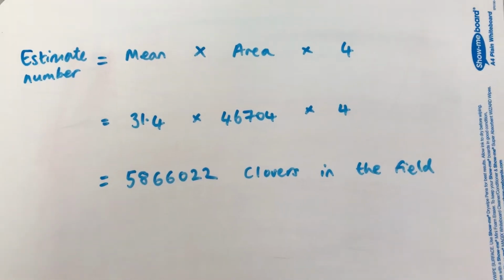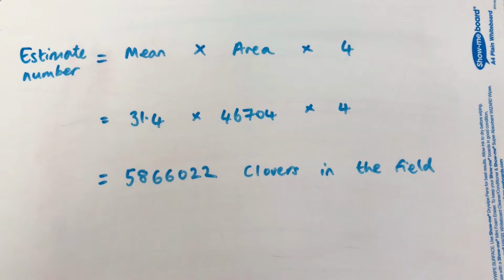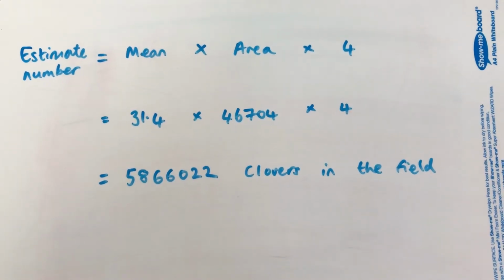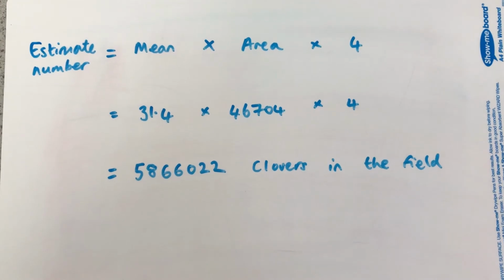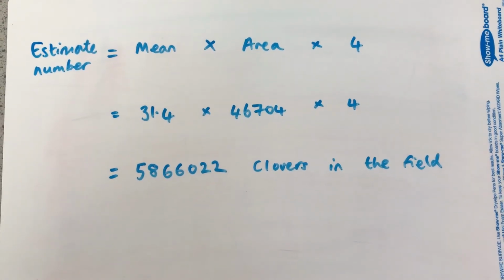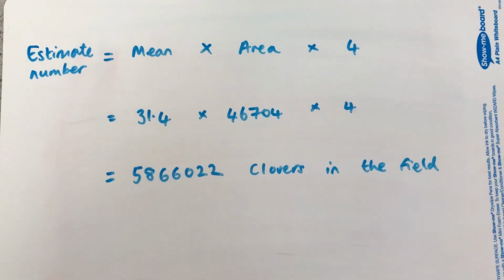So I have my 31.4, I multiplied it by the area, and then I multiplied it by 4, and that gave me that huge number. What is that? 5,866,022 clovers in the whole field.